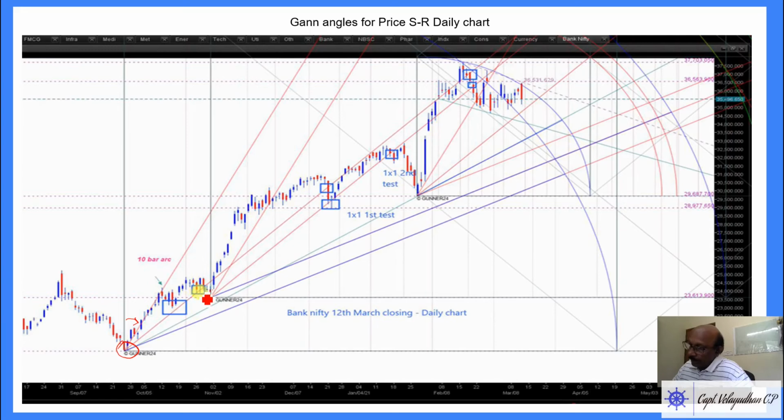Unfortunately, it broke down. Then it made a bullish candle, closing above 1, 2, 3, 4, almost 5 candles. That means this horizontal level was broken and closed above, and the price closed above 1 by 1.